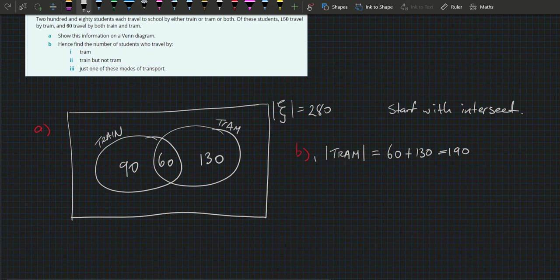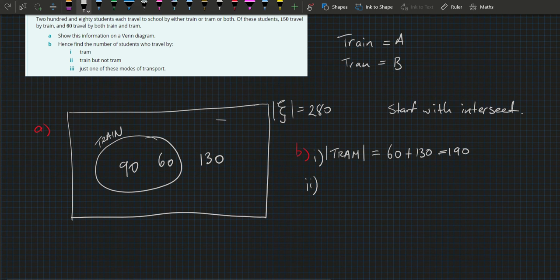The next part is train, but not tram. That's 90. So, from now on, I'm actually going to say over here, let me just say train is equal to A and tram is equal to the set B, all the students who ride on that.